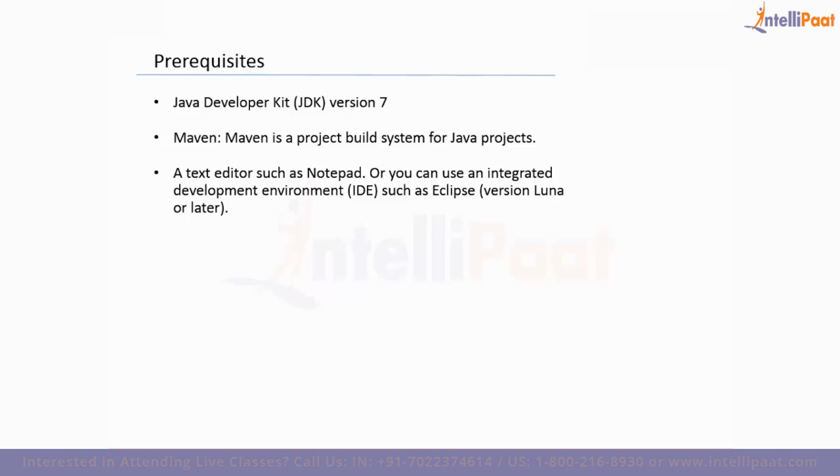Third, we need a text editor, for example, Notepad, or we can use any integrated development environment, or IDE in short, for example, Eclipse. In this tutorial, I am going to use Eclipse as well as the Notepad editors to accomplish the required coding and other stuff.